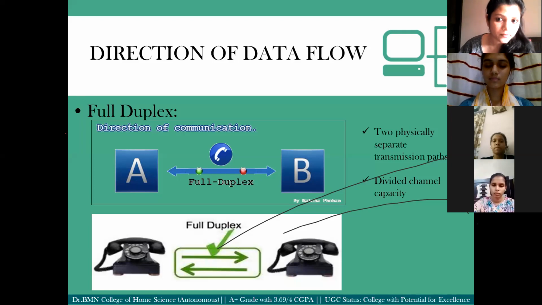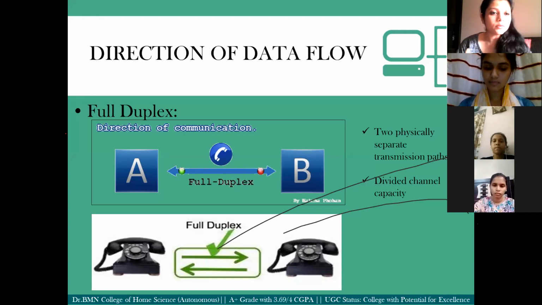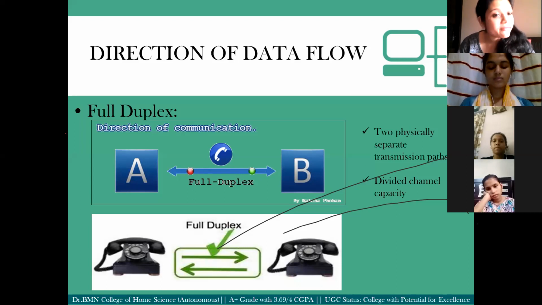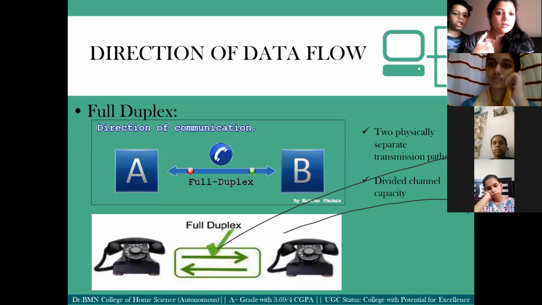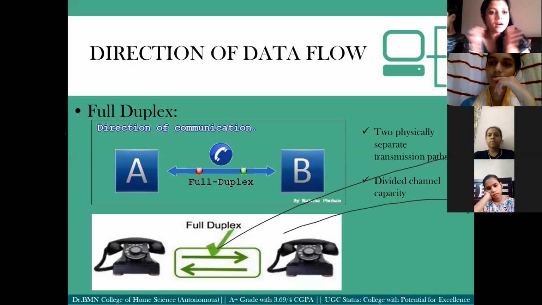That's full duplex. Now you must have seen that there are dividers on roads. One lane is used by the cars to go in that direction and the other lane is used by the cars to come in this direction. That means one road has been divided, correct?